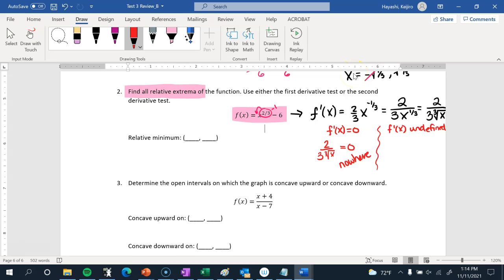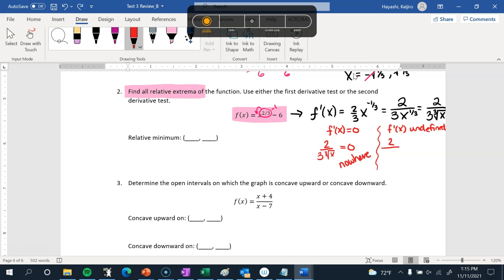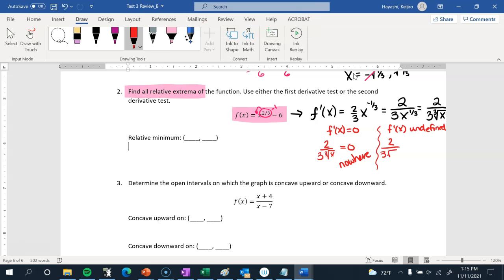Now, as for where it's undefined, you can tell by looking at that expression that 2 over 3 cube roots of x will be undefined whenever the bottom of this is 0.